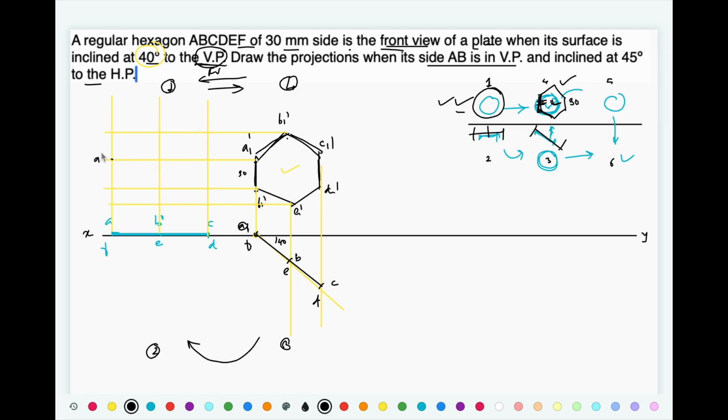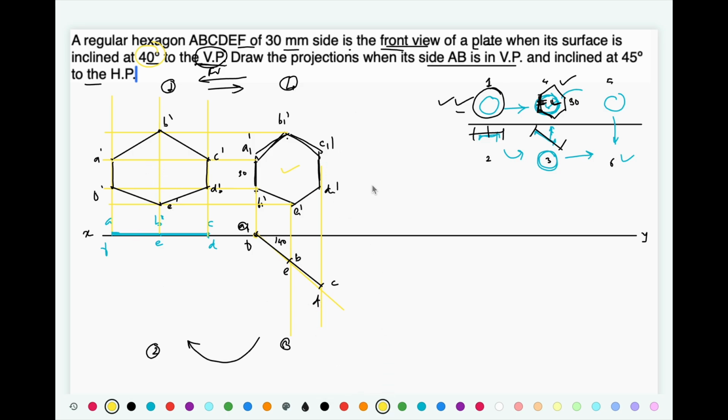So now this is A dash, this is B dash, this is C dash, this is D dash, this is E dash and this is F dash. So this is the object. It resembles a hexagon but this is not a hexagon. Okay, this is some random polygon, or you can call it an irregular polygon also. Okay, so we have got step number 1, 2, 3, 4 now.